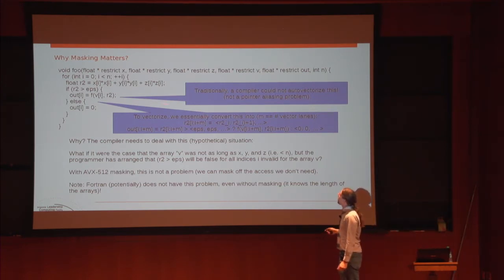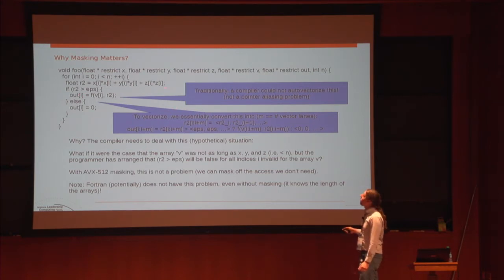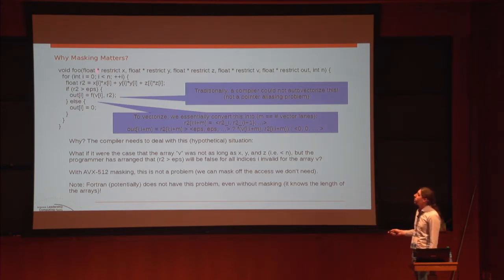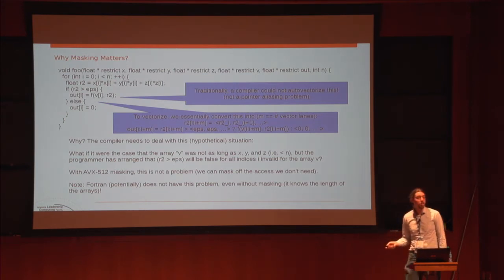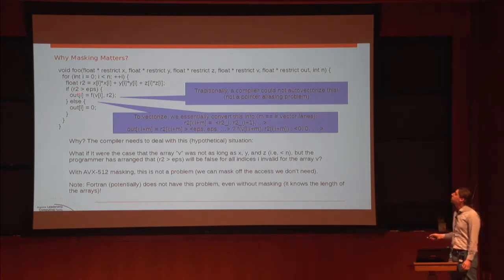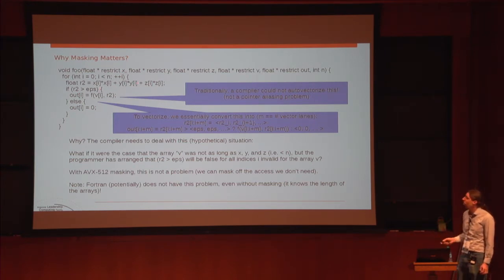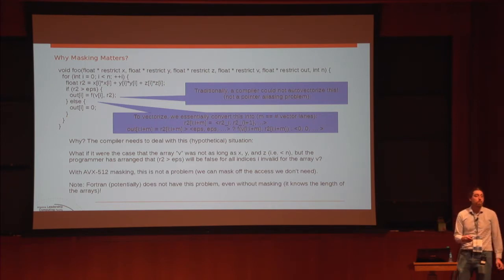For example, here I have a loop going over some arrays x, y, and z. The motivation for this example is a particle code where you have some particles and some softening length, and you're computing some interaction. This is quite a common modality where you're computing a radius value and comparing against the softening length, and this code would not previously auto-vectorize.